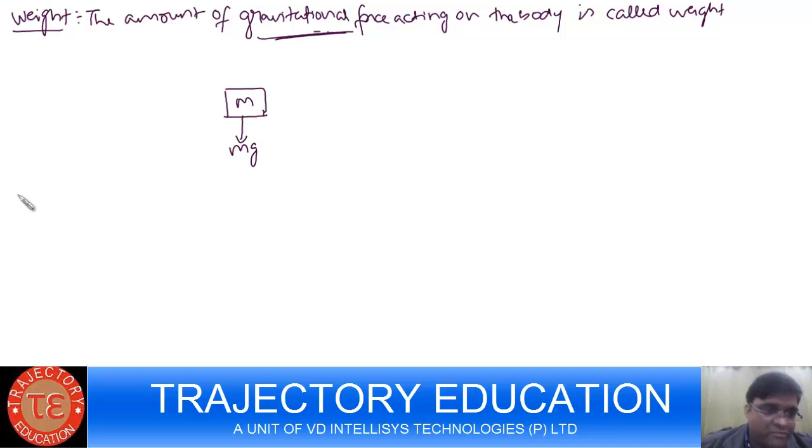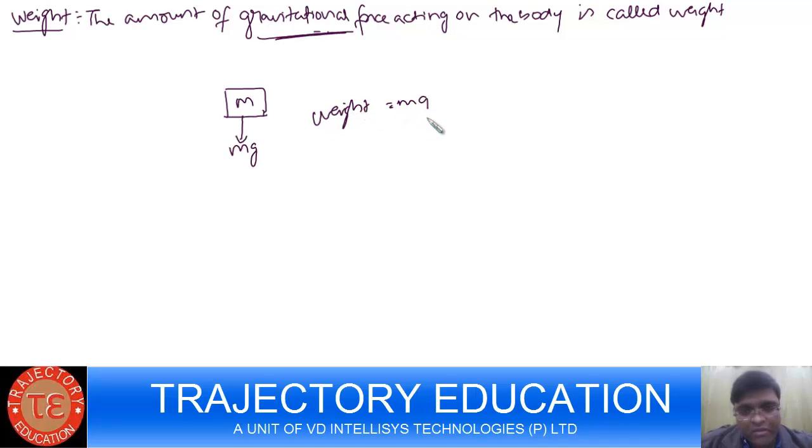So that's about weight. And I'll move to the next force. For right now, you just have an idea that weight is mg, where m is the mass of the body, and g is acceleration due to gravity.